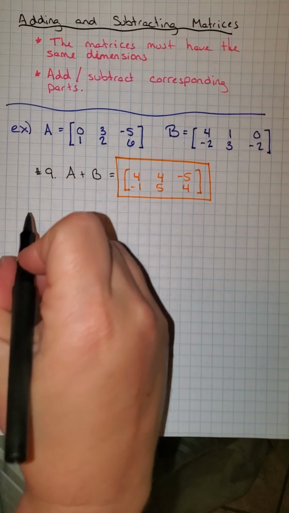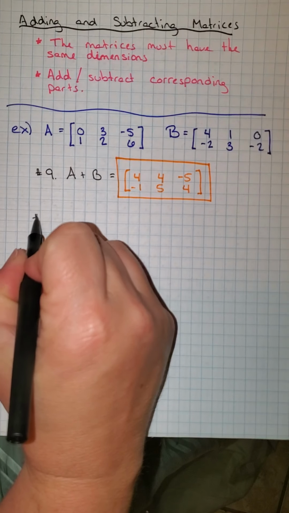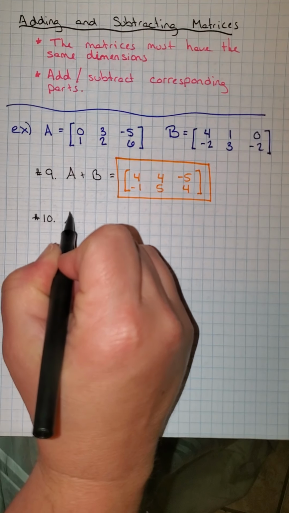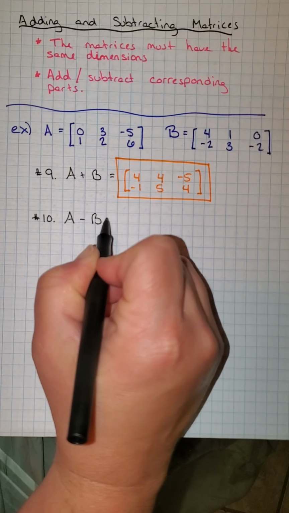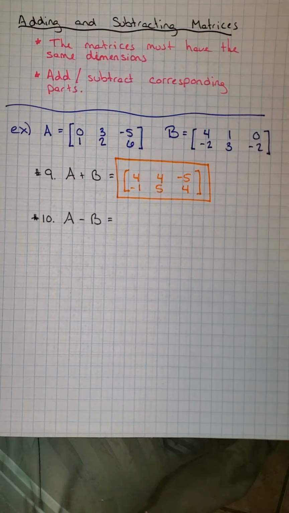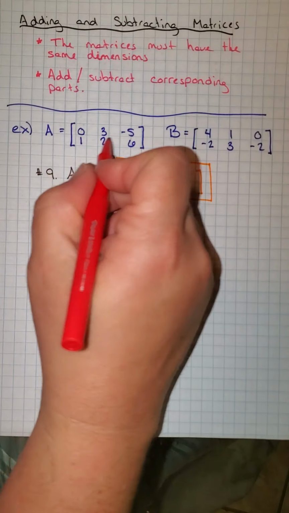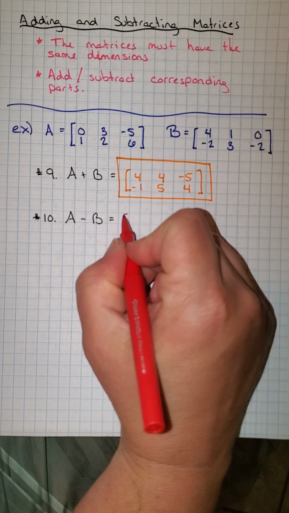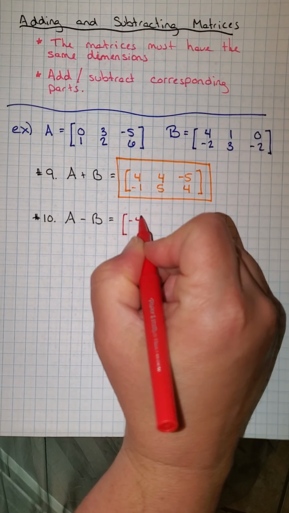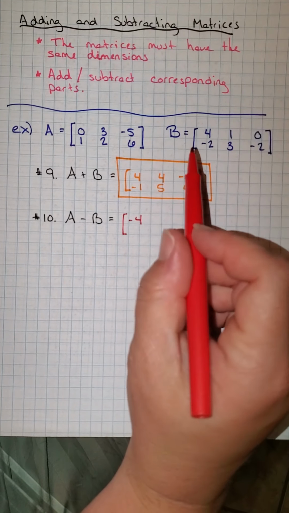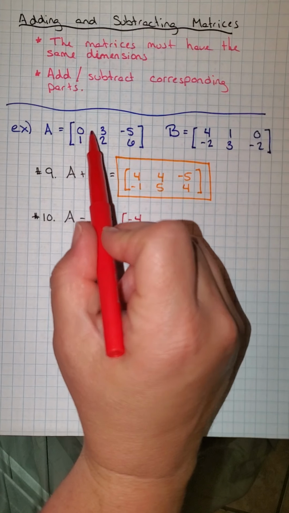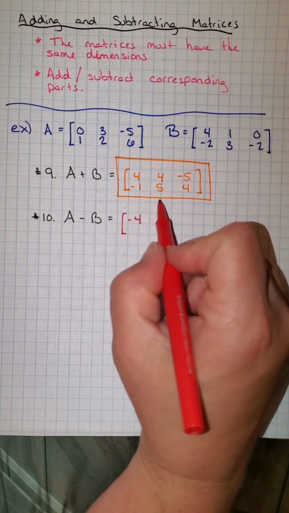And then number 10, we're going to subtract the two matrices. We're going to do A minus B. So 0 minus 4 would be negative 4. Three minus 1 would be 2.